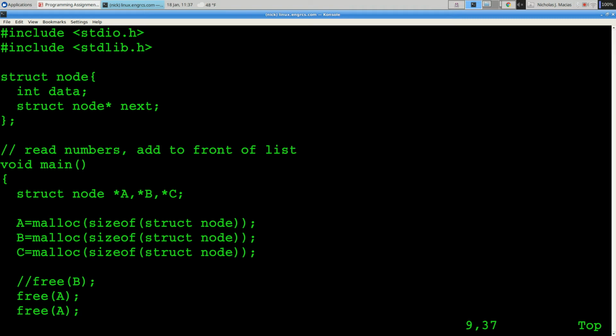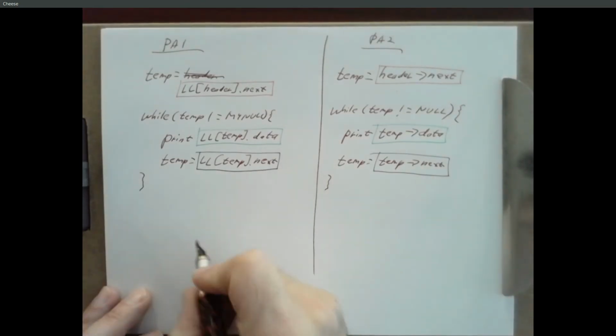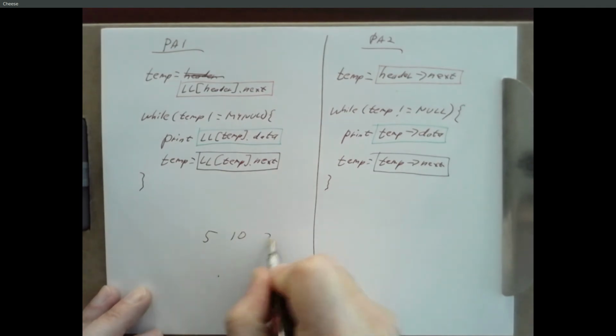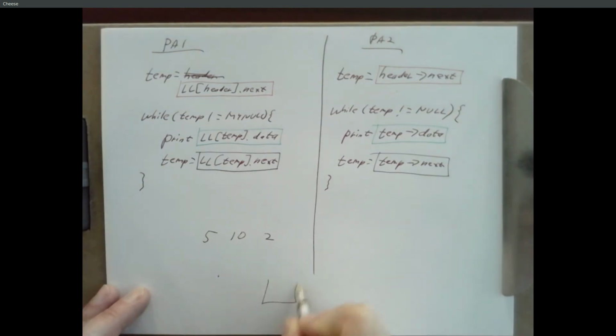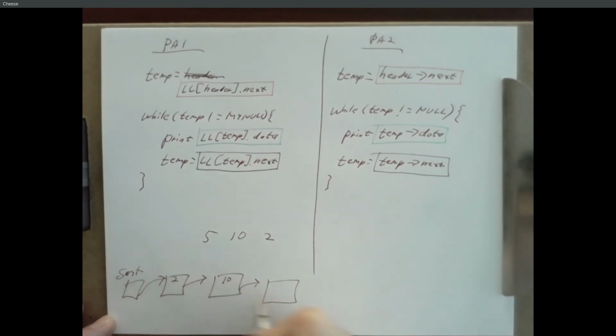And we're still going to have a sentinel node, but if we insert the numbers 5 and 10 and 2, this is what our list is going to look like. We put in a 5, and then we insert a 10, it goes right before the 5. We insert a 2, it goes right before the 10.